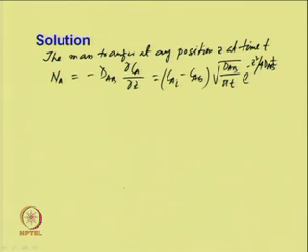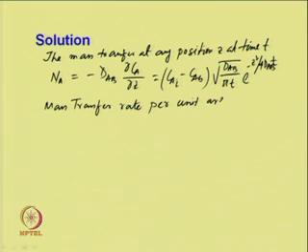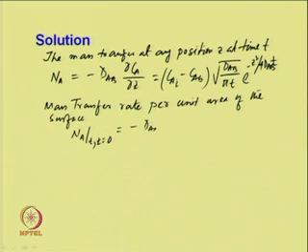The mass transfer rate per unit area of the surface can be written, that is N_A at z equal to 0 will be minus D_AB del C_A del Z at z equal to 0.